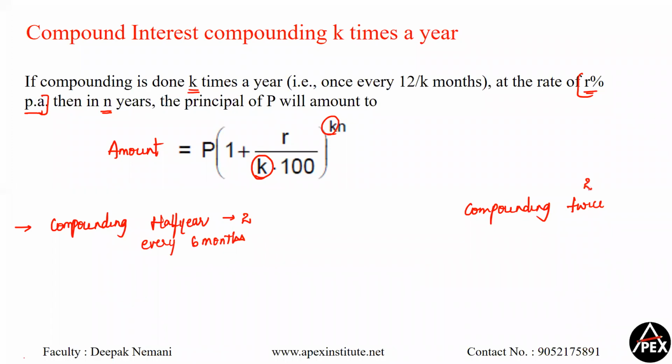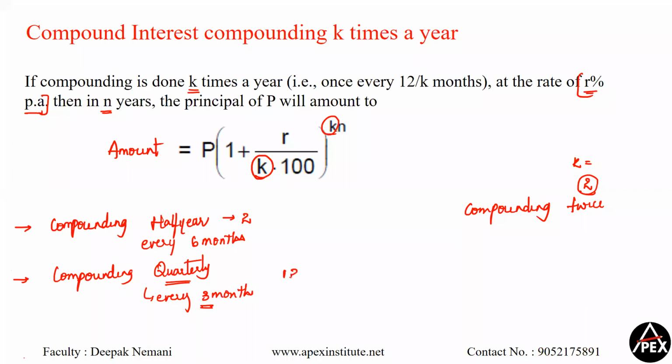If you are given compounding 2 times or 3 times, K is equal to that number. If it is given that compounding quarterly, then what will be the value of K? It is 4, not 3, guys. Compounding quarterly means it compounds every 3 months, so in 1 year it will be compounded 4 times.